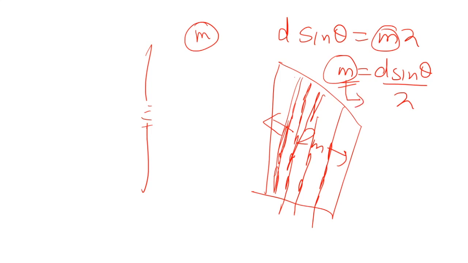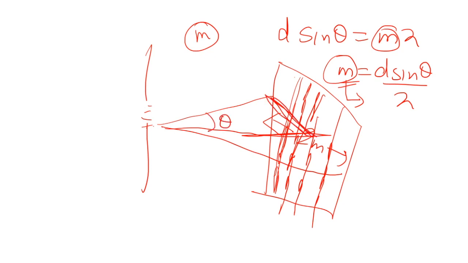So m is equal to d sin theta divided by lambda.